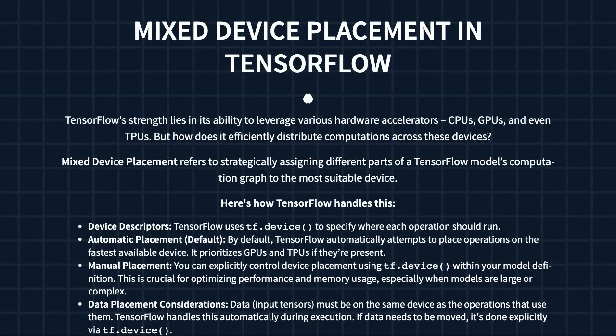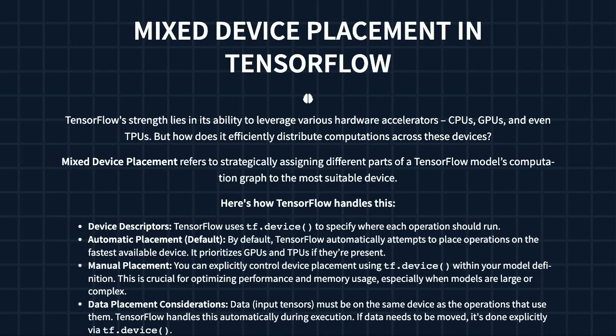Okay, let's talk about how TensorFlow makes the most of all the different types of hardware we have available for AI. It's called mixed device placement, and it's a really clever way to get your models running smoothly. Basically, TensorFlow figures out which parts of a model are best suited for each device, whether that's your regular CPU, a powerful GPU, or even a TPU.